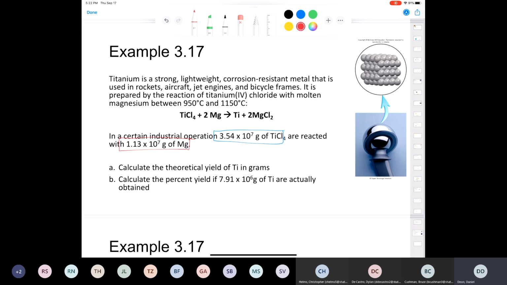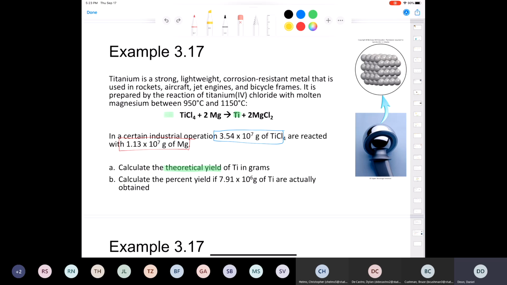So if you wanted to get some practice in limiting reactants, here's another problem that deals with limiting reactants, because in order for us to determine the theoretical yield, we've been given a balanced equation, but we're going to have to run the math both on this mass of titanium chloride and this mass of magnesium, and determine which one gives us the least amount of product.